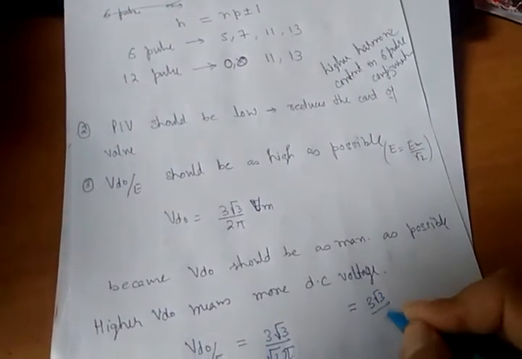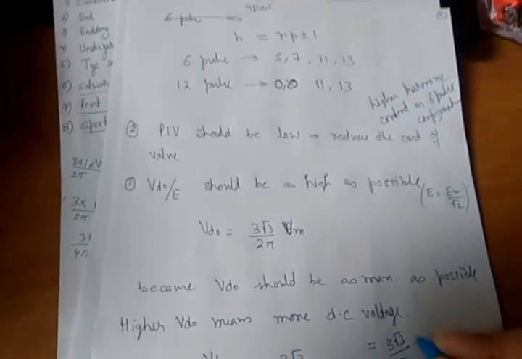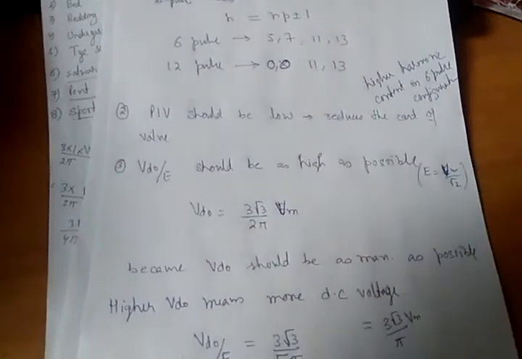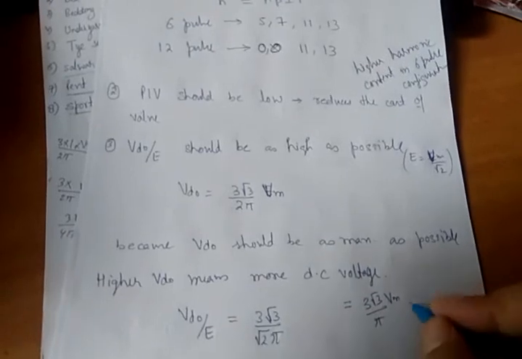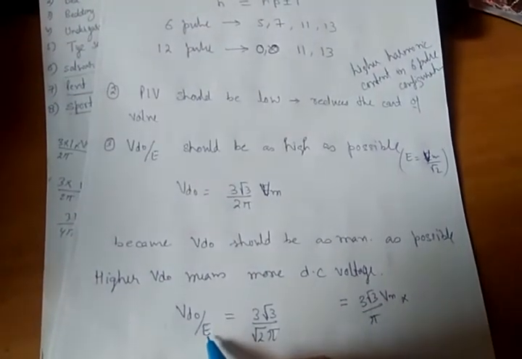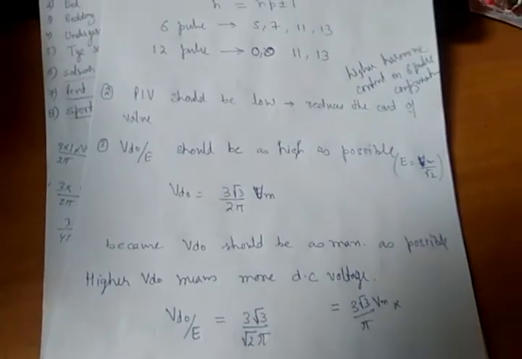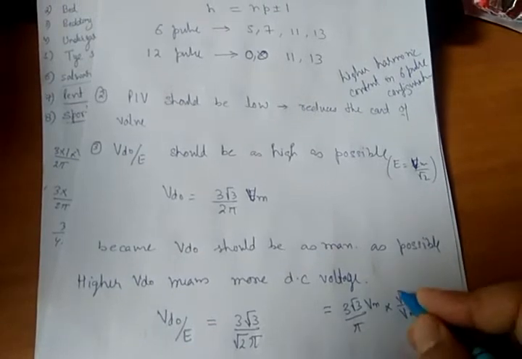VD0 is 3 root 3 Vm upon pi. I'm saying E is the RMS voltage at the secondary. So what will E be in terms of maximum voltage? It will be Vm by root 2.